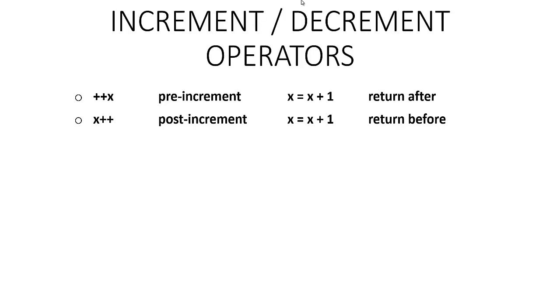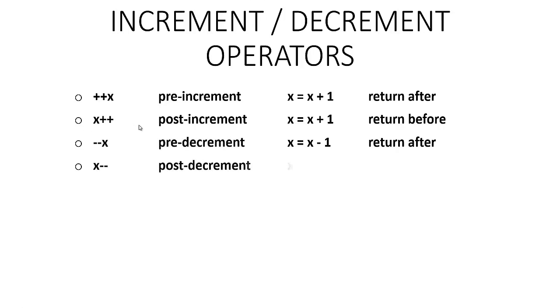The way we add the value is plus plus or minus minus, like this. Plus means it will add the value, minus means it will subtract the value. On the left side you can see the symbols, and on the right side you can see what they represent.